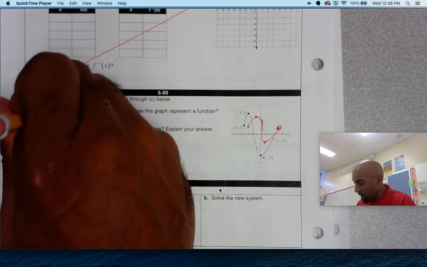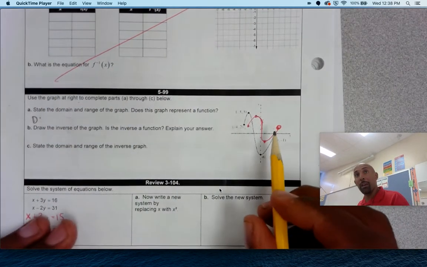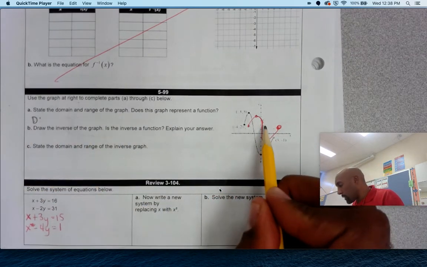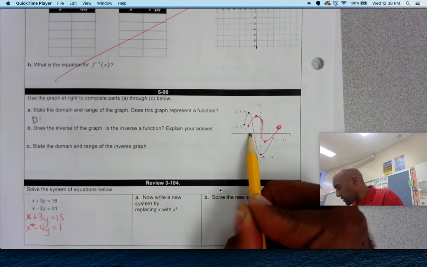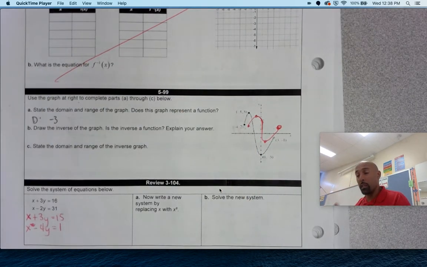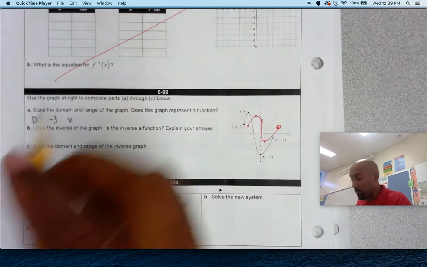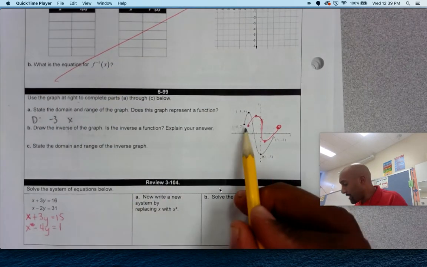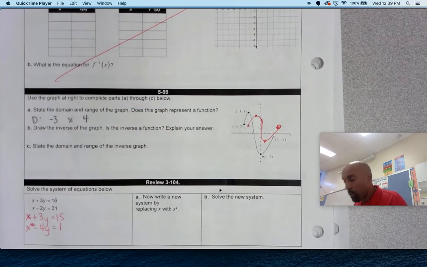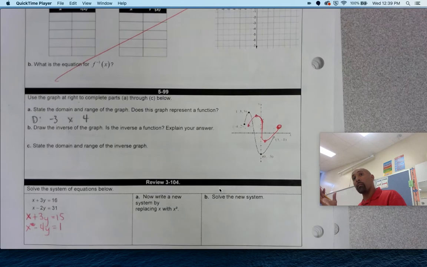So first, let's do domain. Remember domain, we go all the way to the left. What's the furthest left value? All the way to the left would be 1, 2, -3. This time I'm going to use inequality notation, so put that x in the middle. And then all the way to the right, 1, 2, 3, 4 is the furthest right value.